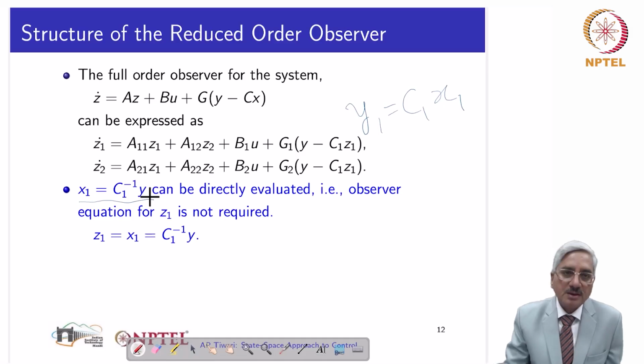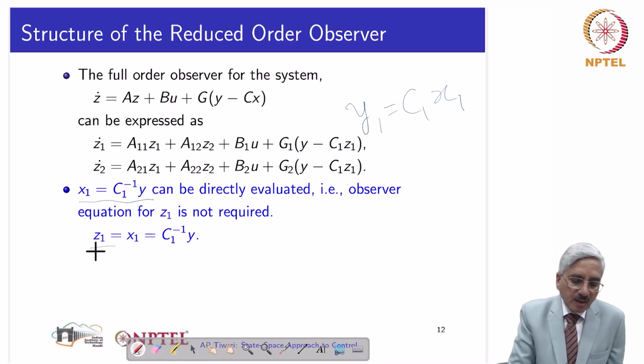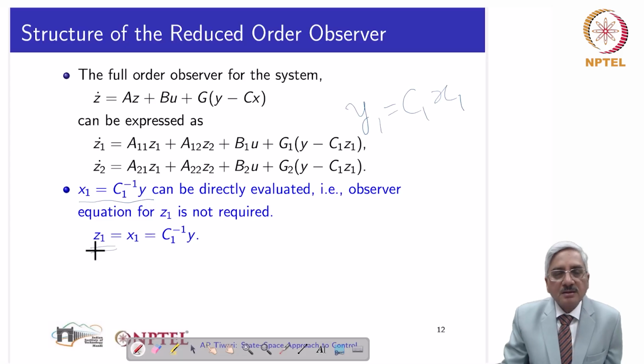No dynamic system is required. The observer state z1 will be exactly equal to x1, which will be equal to C1 inverse y. There is no need of any dynamical system for observation of z1.